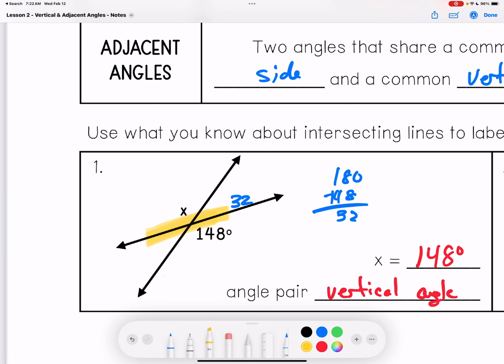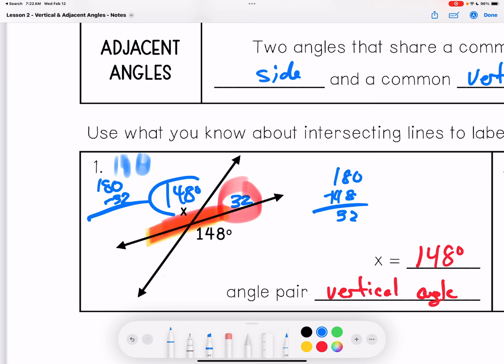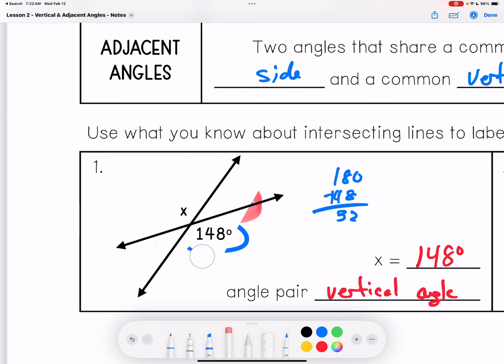These are on a straight line, and if that is 32, they're going to make 180. So what's left to make 180? 180 minus 32 gives you, guess what? 148, which is the same thing. So if you ever forget the angle pair, you can just do it that way.